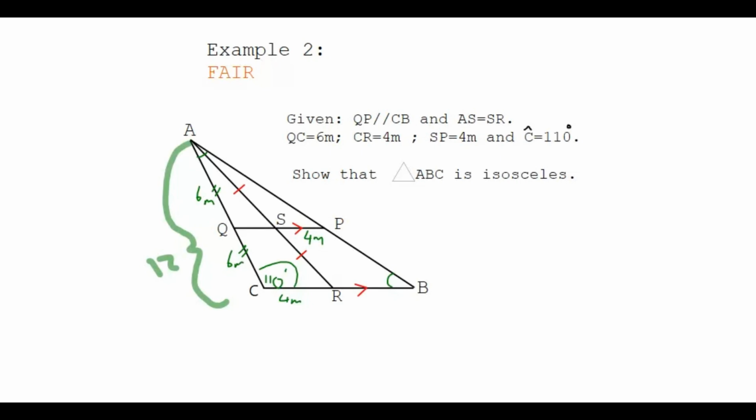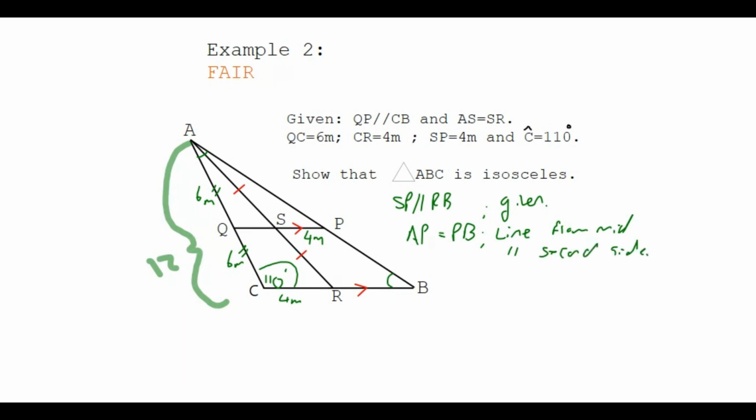It's given that SP is parallel to RB. Okay, so what we can say then is AP is equal to PB. Why? Again, same reason. Line from midpoint parallel to second side.